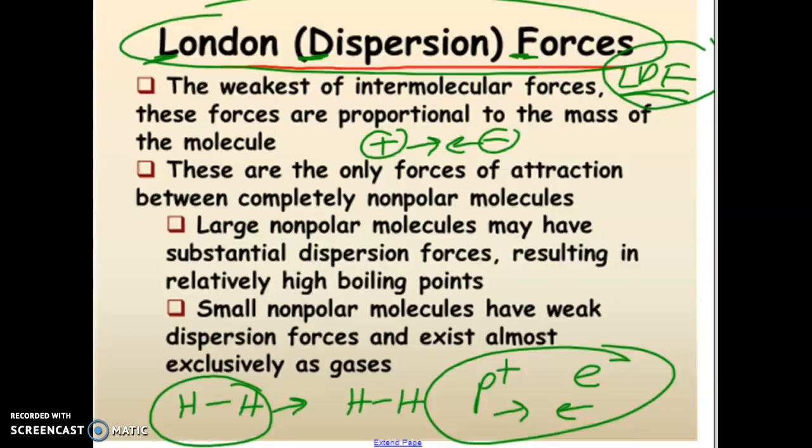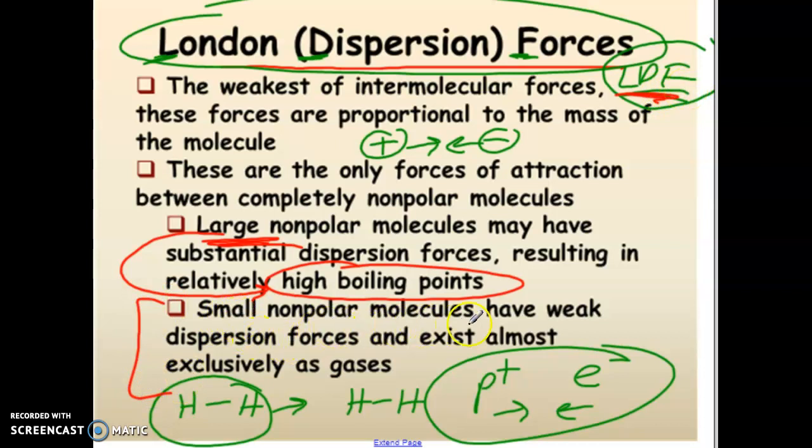So, going back to this, if you have larger molecules that have many dispersion forces, look at this. Large particles have high boiling points. Why? Because the LDF is stronger, right? There's more of an attraction between particles. Check this out.